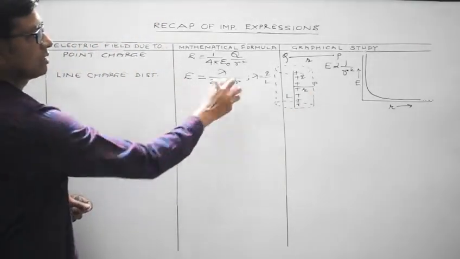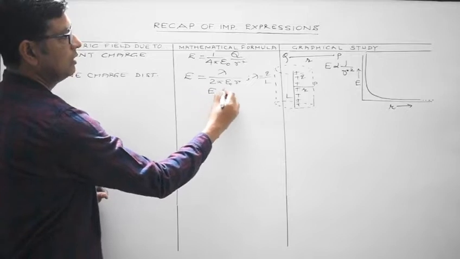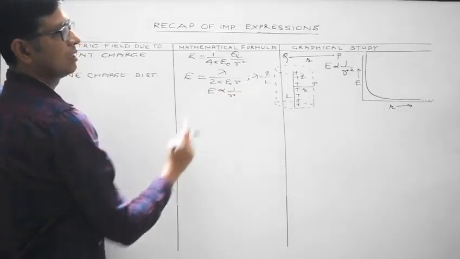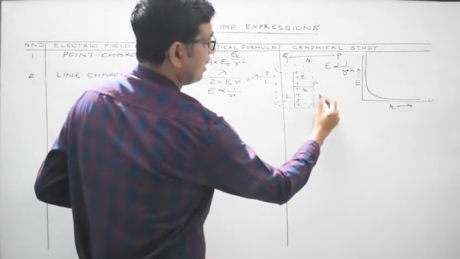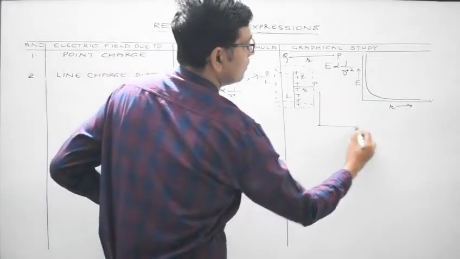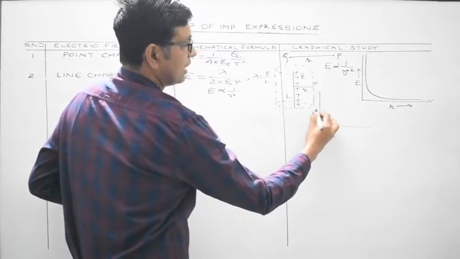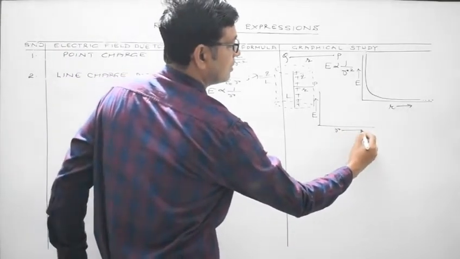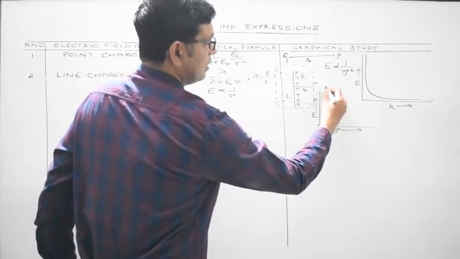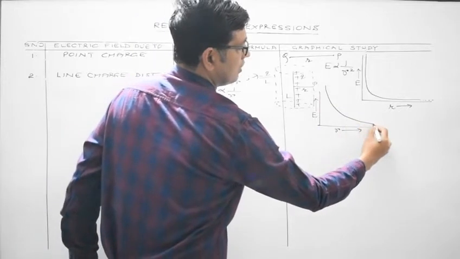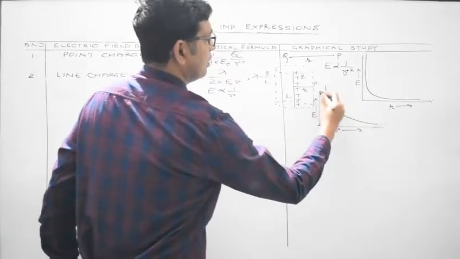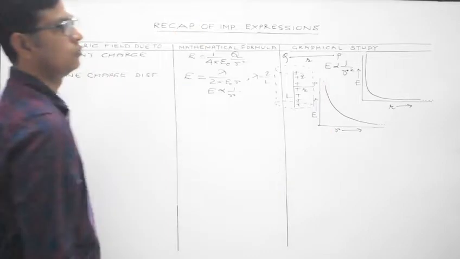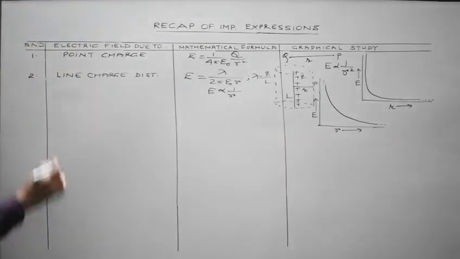So here in this case you can well observe that E is proportional to 1 by r. So in this case the graph would be like this. Suppose this vertical axis represents electric field while small r represents the distance. So its variation would be like this, right?